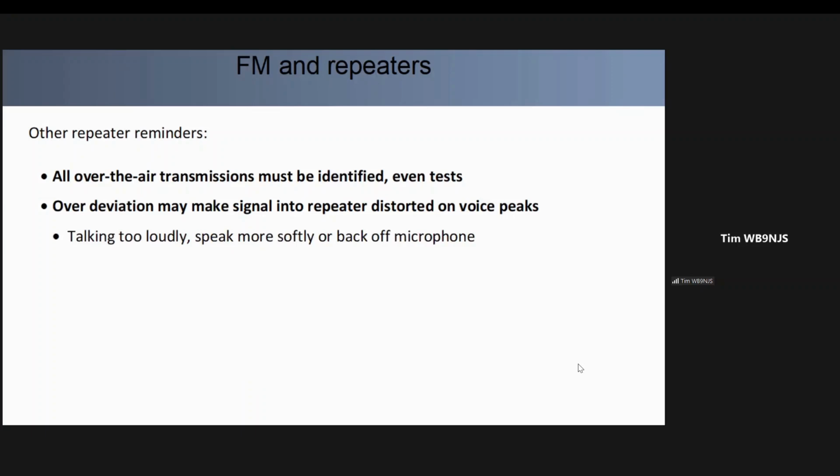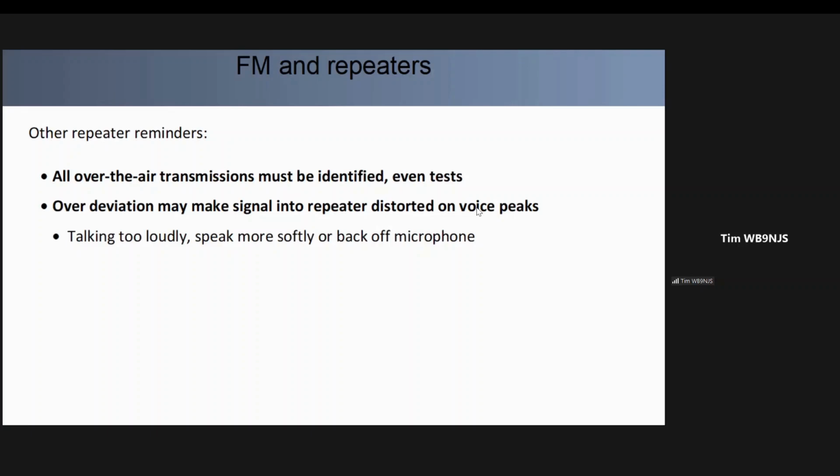One of the problems that you may encounter on a repeater, we touched on some of these last week as well, is over deviation. Over deviation causes your transmission into a repeater to be distorted on voice peaks. And that's kind of a signal right there. If it's distorted on voice peaks, it's over deviating.